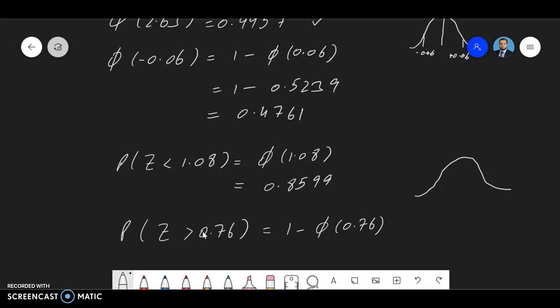So 0.76 is somewhere here, because as we know the 50% is due to symmetric behavior, the mean is here in the middle, so 50% of the data is on this side, which is 0.5, and 0.5 is on the other side, and the total is equal to 1 whole. Now it says 0.76, so 0.76 is somewhere here, so greater than that is this region.